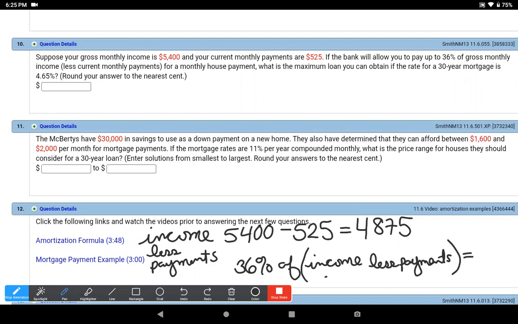which gives me 0.36 times 4875. So 0.36 times 4875. This time we have 1755 to use as an M. So we're going to use M equals 1755.